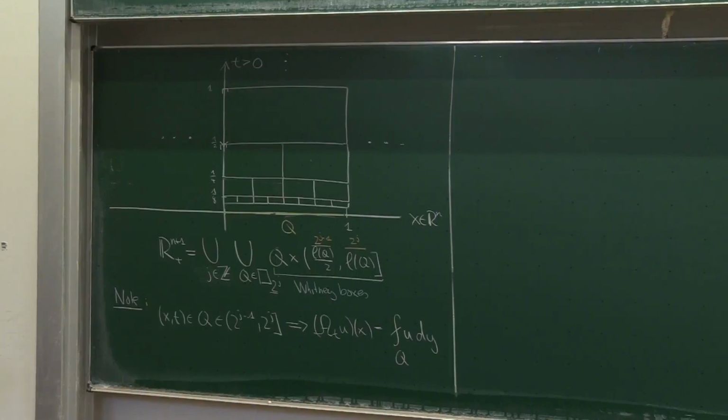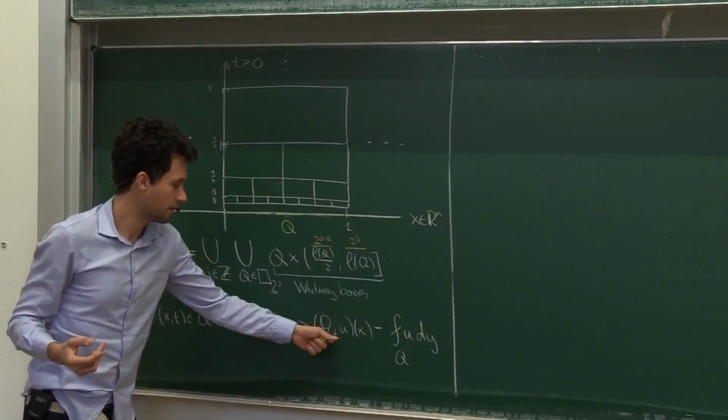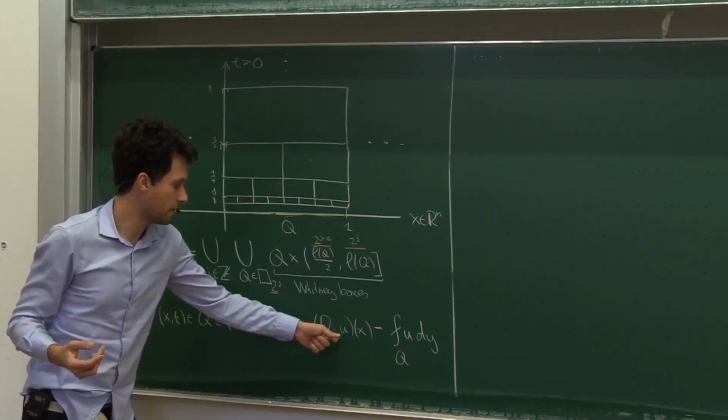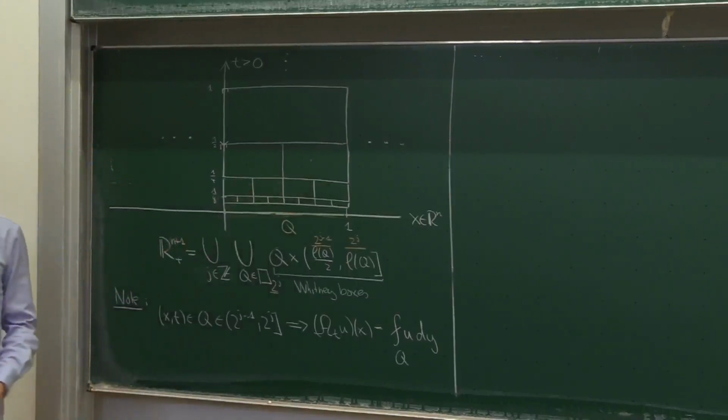So that means that no matter which function I take, dyadic averaging as a function of t and x is going to be constant on these regions. So it's a constant function on these rectangles.